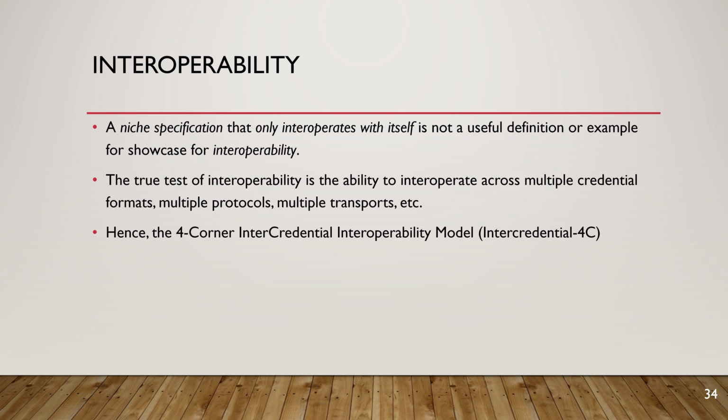And I think that's what we're seeing so far in the version 2 of the W3C Verifiable Credential specification. The true test of interoperability is the ability to interoperate across multiple credential formats, multiple protocols, multiple transports, etc. And hence the answer to this latter scenario is the 4-corner InterCredential interoperability model.